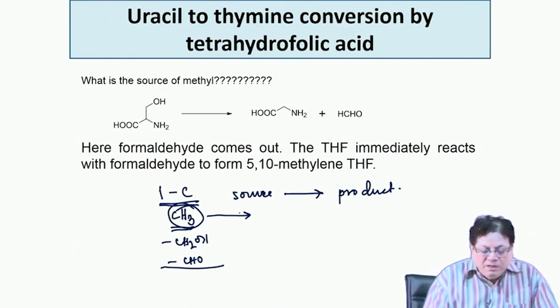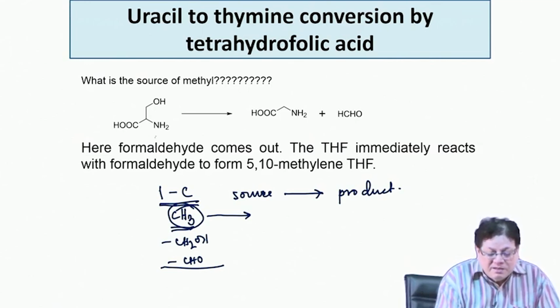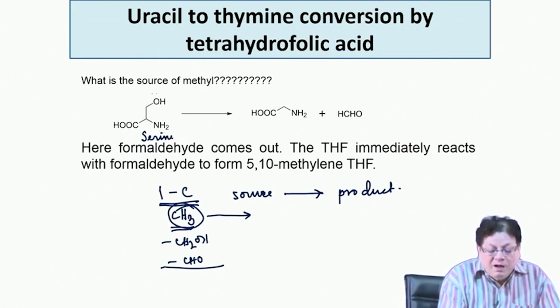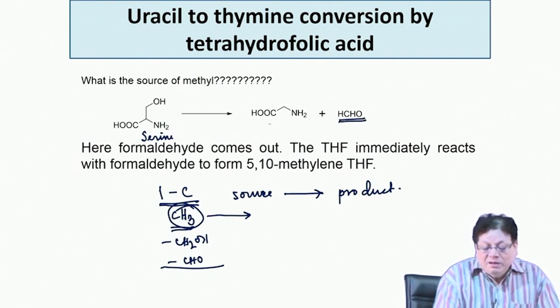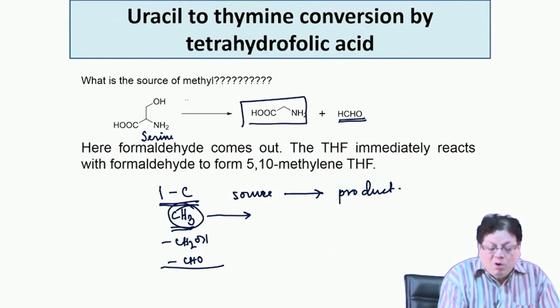The source of the 1 carbon unit is the amino acid serine. So, if you remove the CH2OH group from serine in the form of formaldehyde, then you get glycine, and this is what is called serine hydroxymethyl transferase.